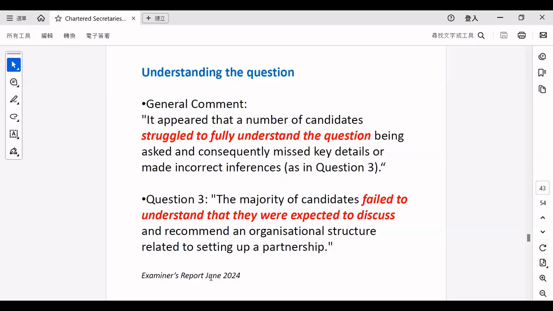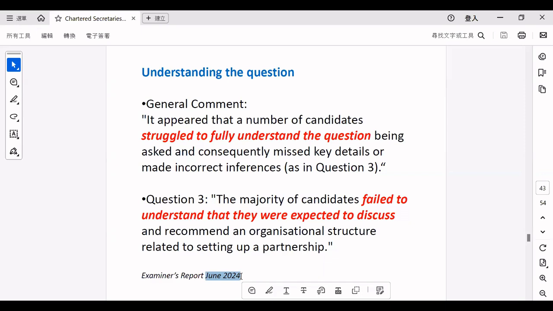2023. And you can see in 2024, you have more or less the same remark. They can't fully understand the questions. They fail to understand what they're expected to discuss. In question 3, they did not give a recommendation of the organization structures relating to setting up a partnership.